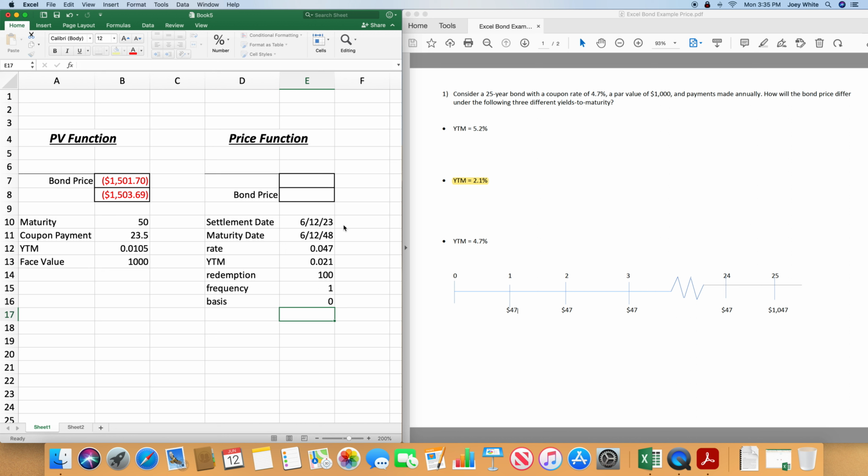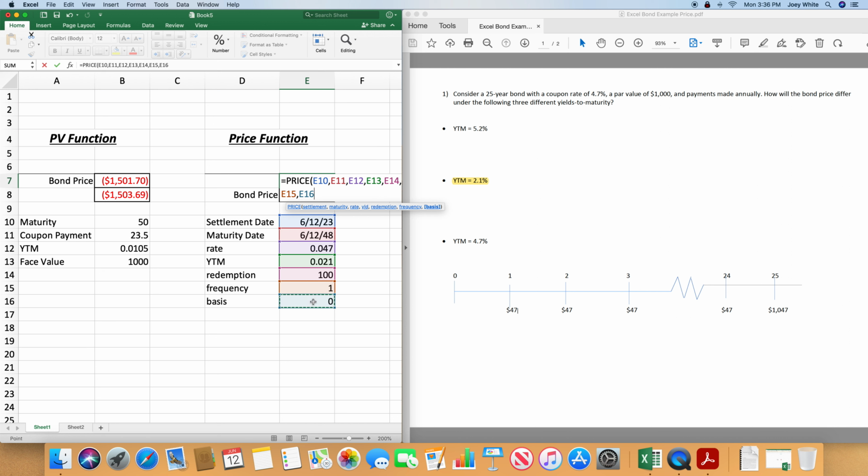All right, so let's go in there now. Let's use =PRICE. We'll click the settlement date, comma, click maturity, comma, the rate, comma, yield to maturity, comma, redemption, comma, frequency, comma, and then the basis of 0.